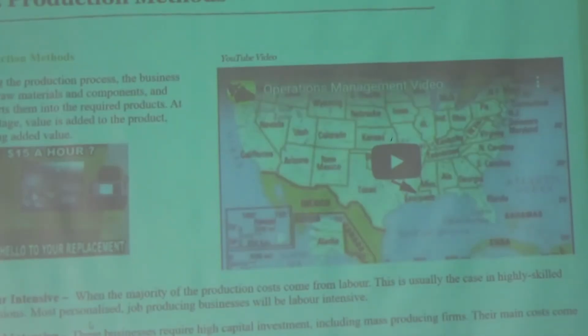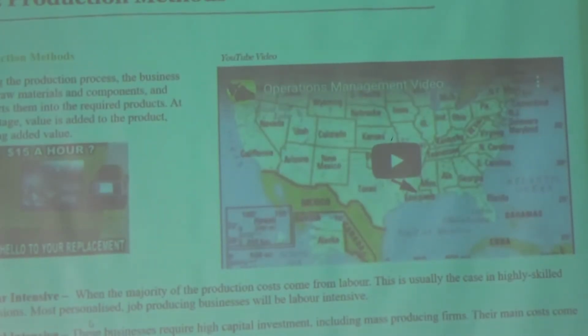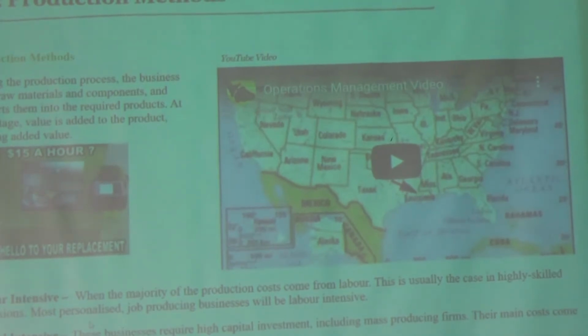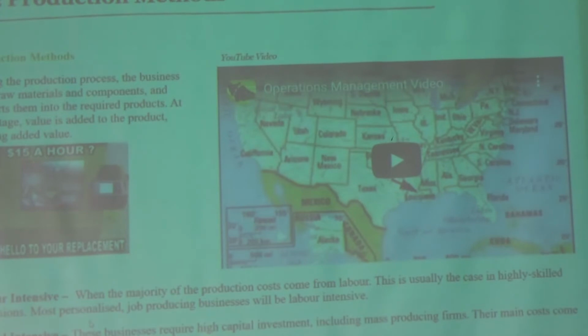Production methods. During the production process, the business takes raw materials and components and then converts them into the required products. So that's the inputs and outputs again. At each stage, value is added to the product, creating added value.